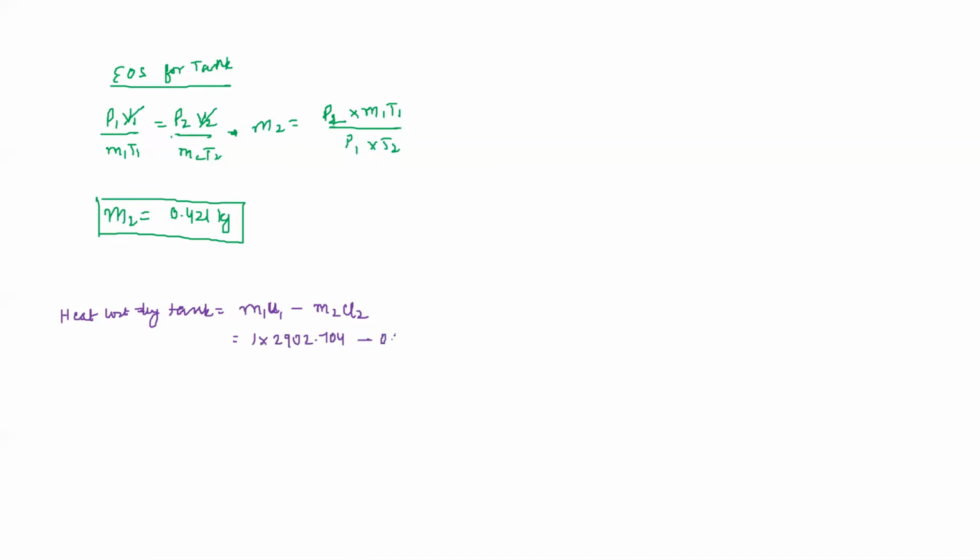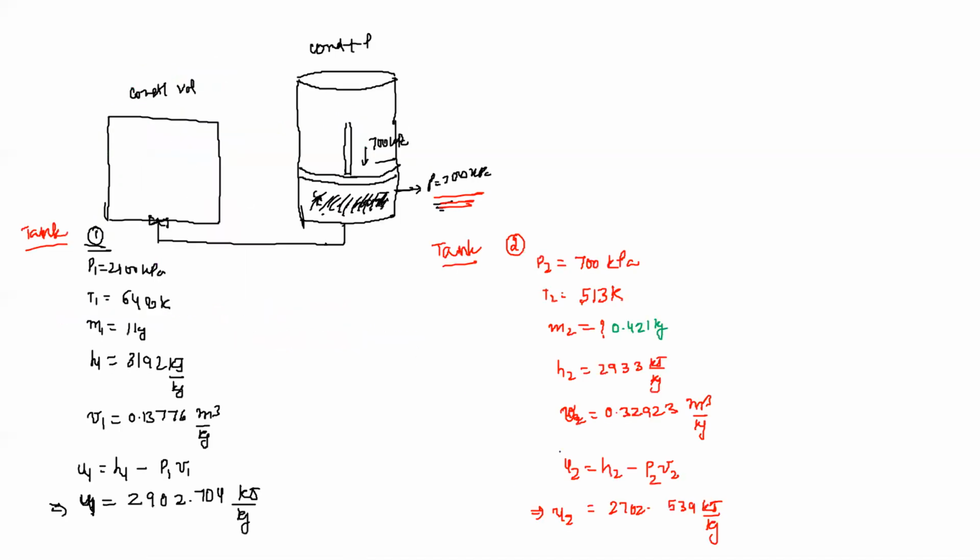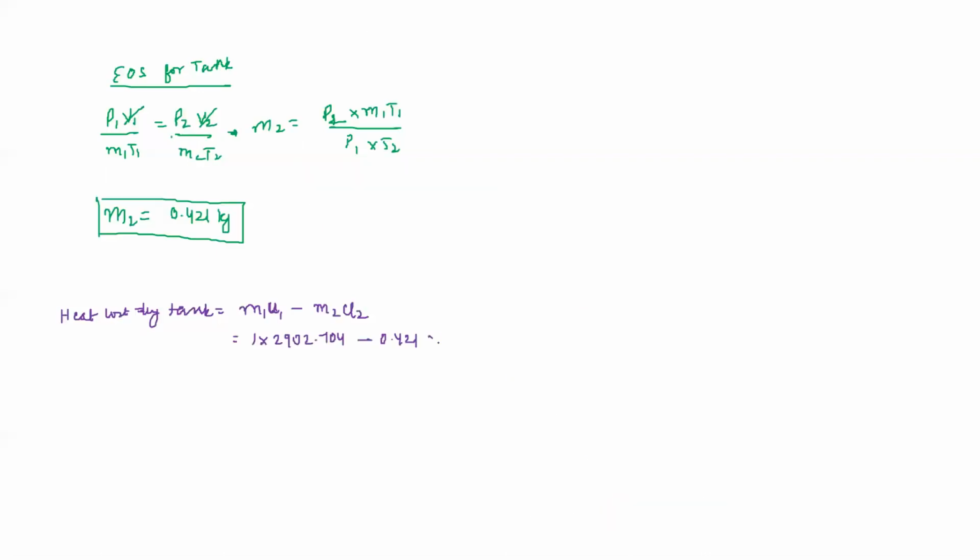The final mass is 0.421 and the final internal energy is 2702.539. So the heat lost by this tank is equal to 1764.935 kilojoules.